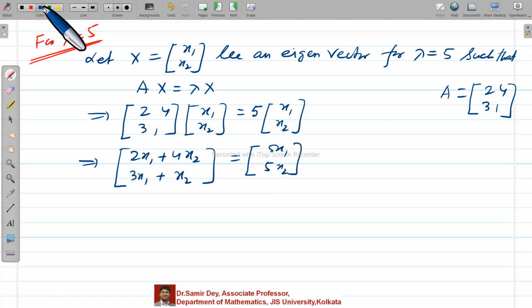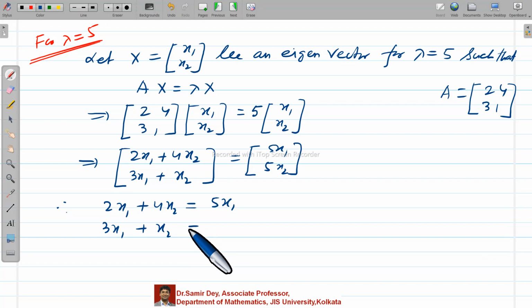Clear? So from here you may write 2x1 plus 4x2 is equal to 5x1, and 3x1 plus x2 is equal to 5x2. So from here, if I transform this, 2x1 minus 5x1 is coming minus 3x1 plus 4x2 is equal to 0.